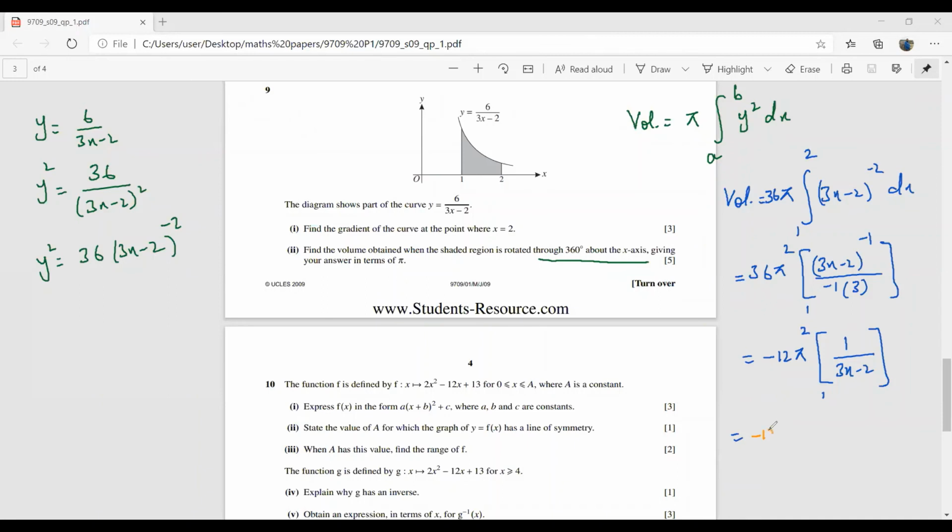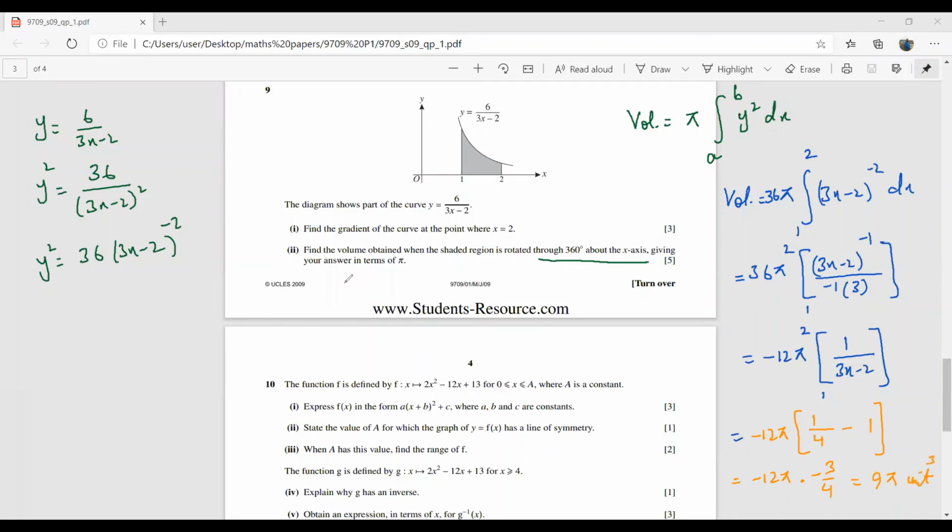This is minus 12 pi, and when I put 2 here, I have 1 over 4, and then when I have 1 here, I get 1. So this is minus 12 pi into minus 3 by 4. And finally, your answer is going to be 9 pi unit cube.